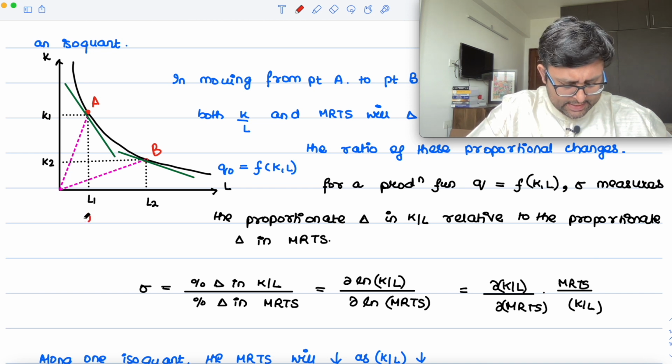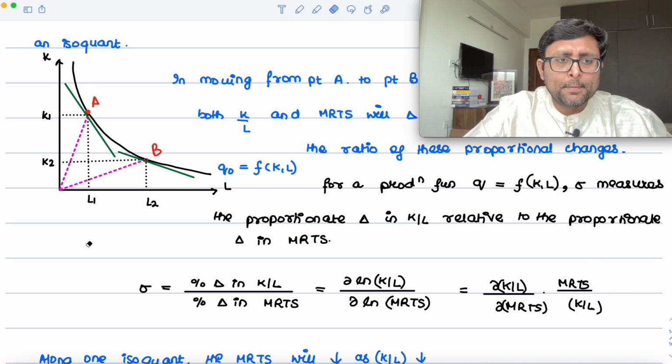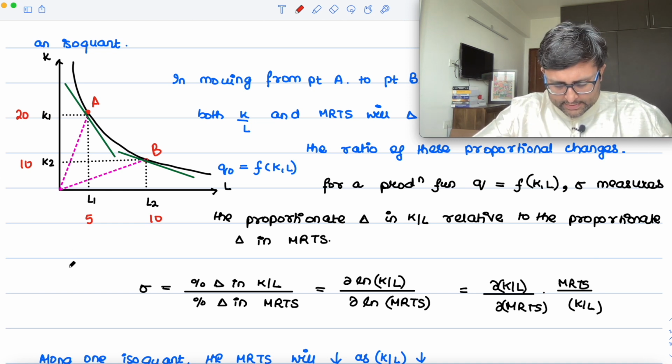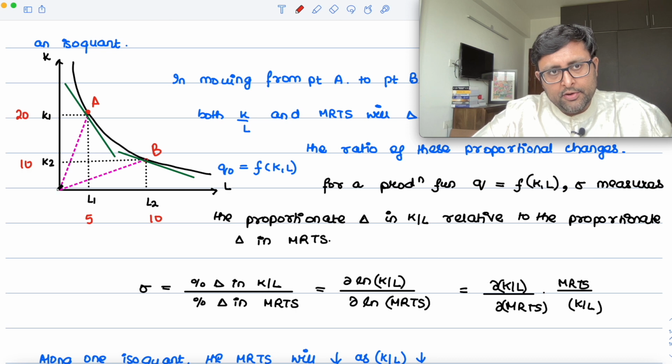Let us say I have 5 labor here, 20 capital here, 10 labor here, and 10 capital here, right?